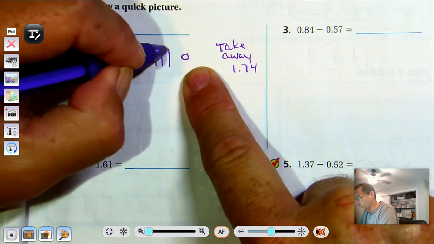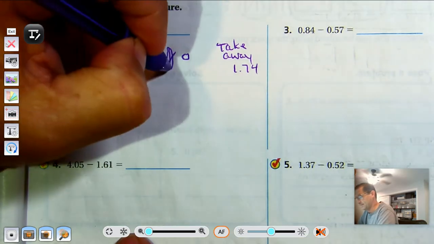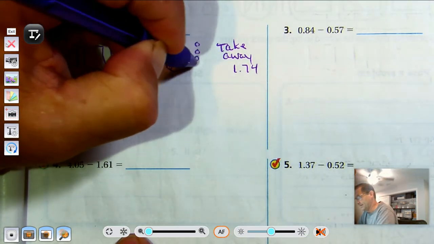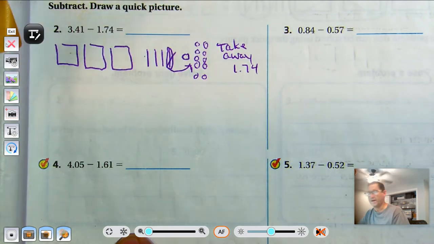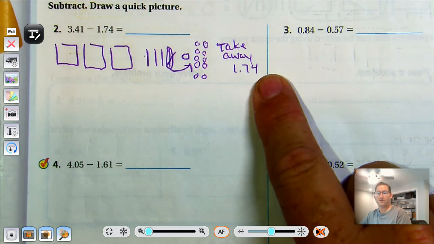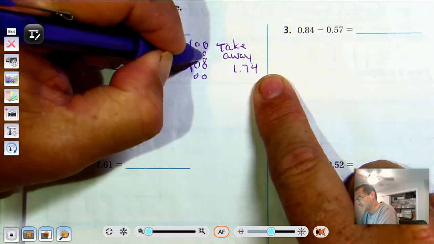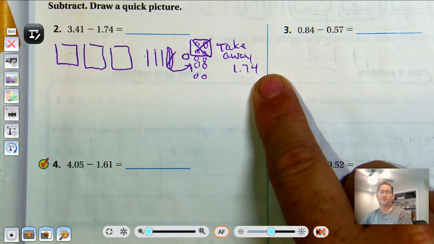No. So we're going to have to trade one of the tenths for 10 hundredths. Okay. So now can we take away 4 hundredths? Yes. So box 4 hundredths and cross them out.